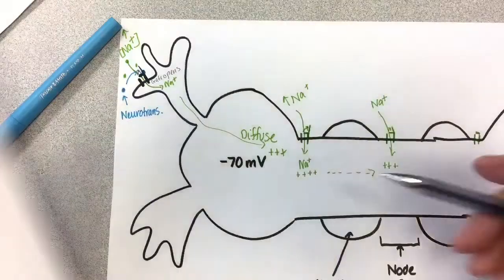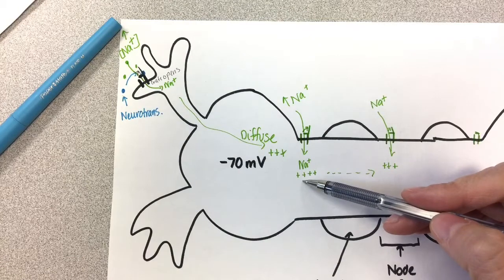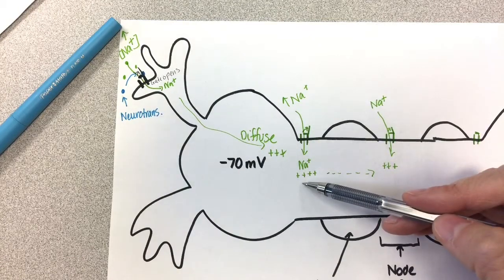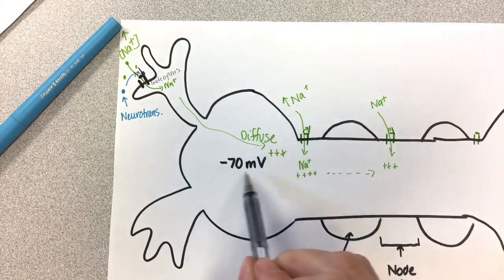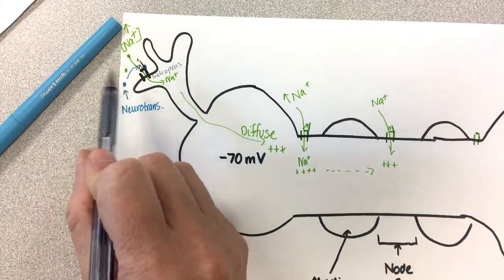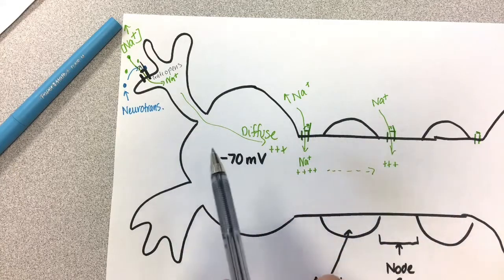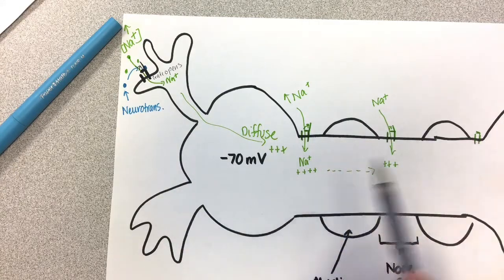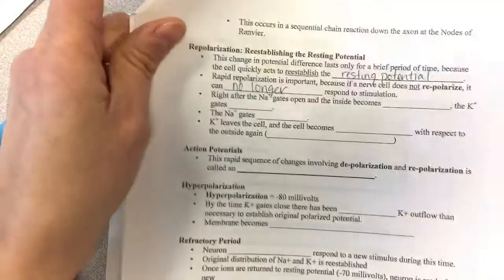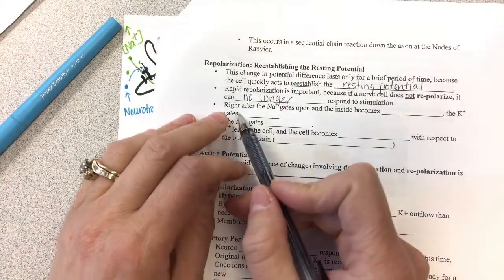So after this becomes positive 30 inside here as the positives go in, if we don't reestablish it back to negative 70, then the next stimulus you get, this isn't going to happen, and so we won't be able to communicate, and the nerves won't be able to communicate to the central nervous system like your brain and spinal cord, which then won't be able to transmit that signal to your motor neurons to cause your muscles to move, and so on. So it's really important to reestablish that negativity inside, that resting potential.